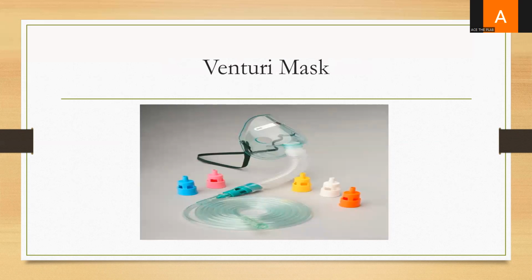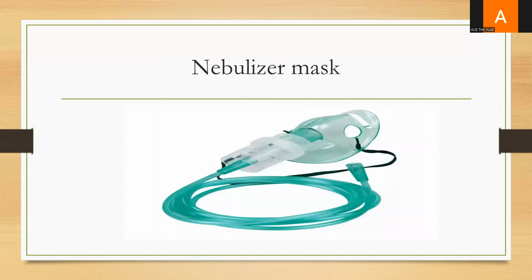and there's a nebulizer mask. I'm sure all of you must have seen the nebulizer mask in the wards. The nebulizer mask contains this container-like thing, and in this we put drops of salbutamol or ipratropium bromide, and they are given via this nebulizer mask along with oxygen.